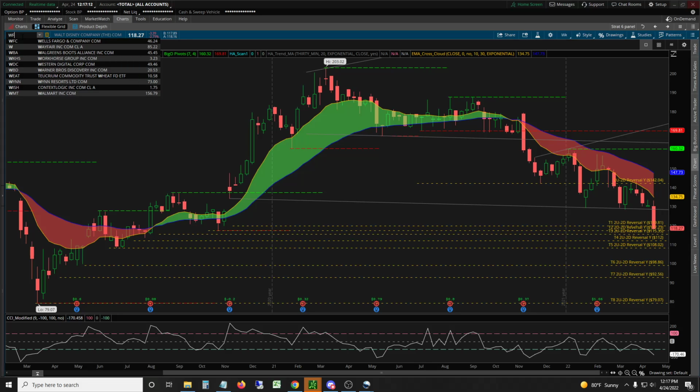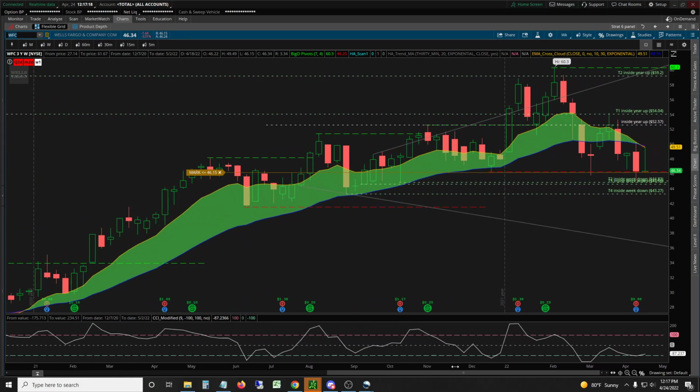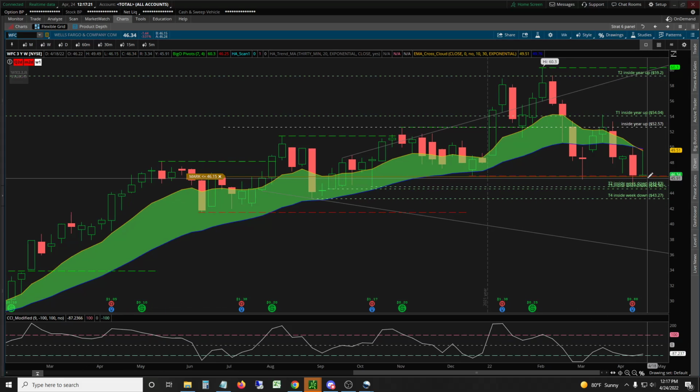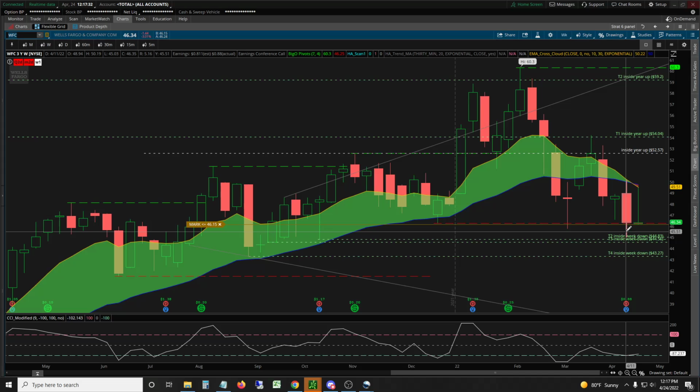But let's take a look at Wells Fargo first. Wells Fargo, you see we had an inside candle shooter. So we're looking for a break below that low, which is 46.15. And then for our targets, obviously our first target's going to be this low here of 45.03.